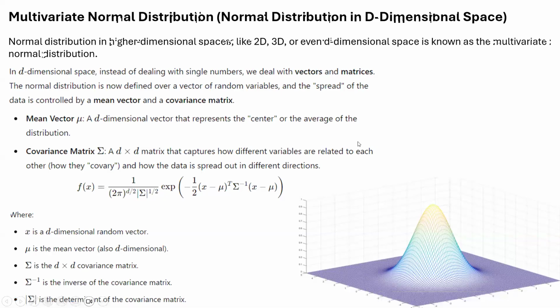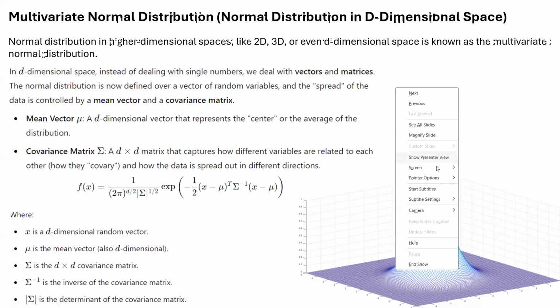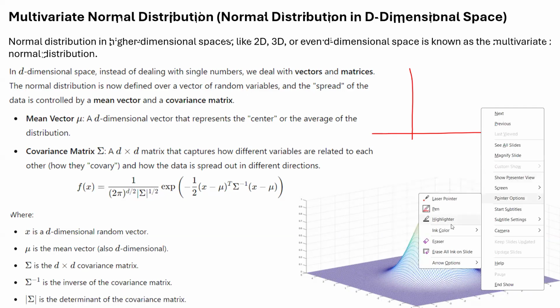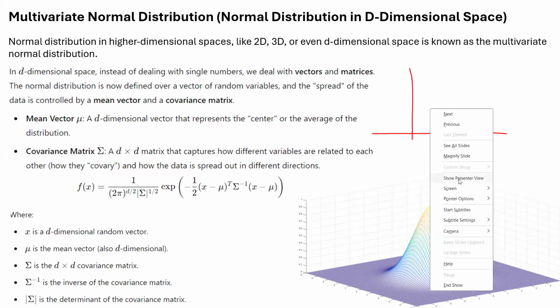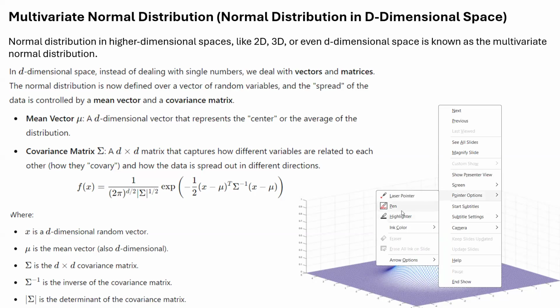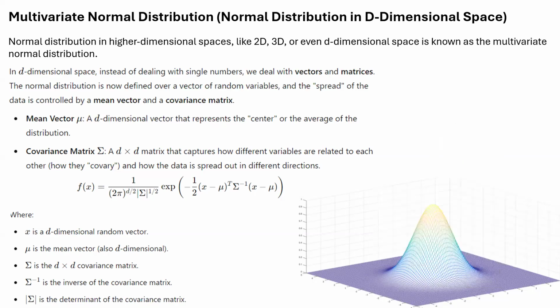Let's understand it this way. You know how the normal distribution looks in one dimension, right?